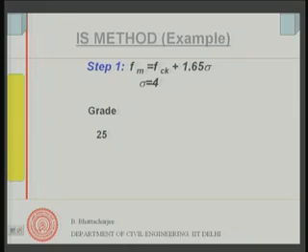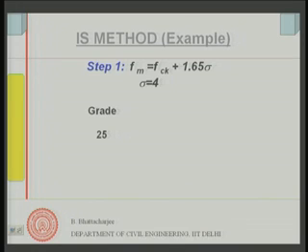Right. So, first step, I said my grade is M25, is to find out the target mean strength. So, Fm is given as Fck plus 1.65 sigma, and if you recall, for M25 grade of concrete, M10 to 15 we use sigma equals 3.5 when nothing is available, for 20 to 30 we use 4, and above that we use 5 MPa.